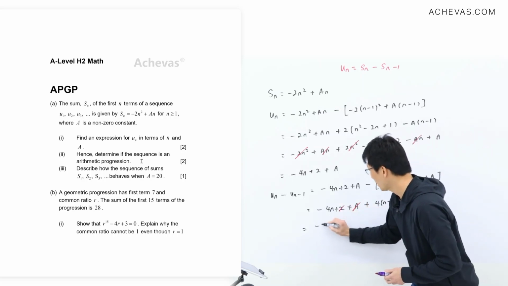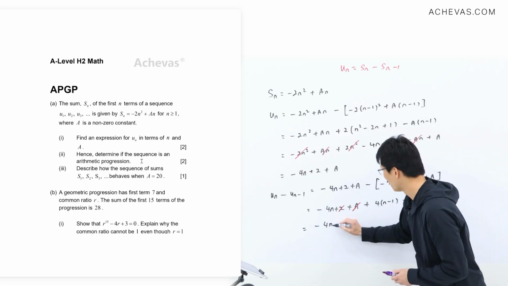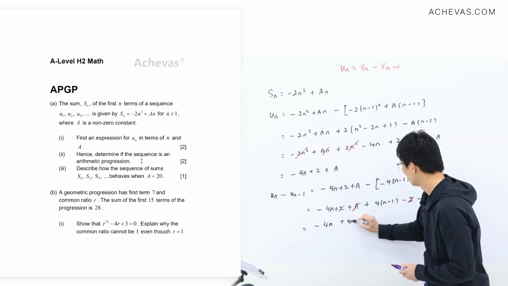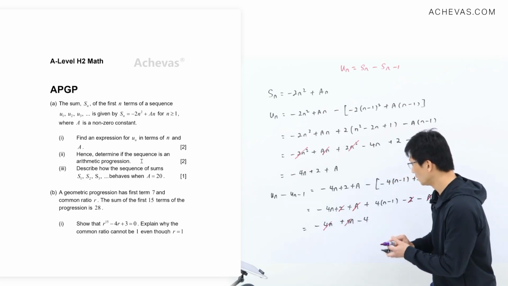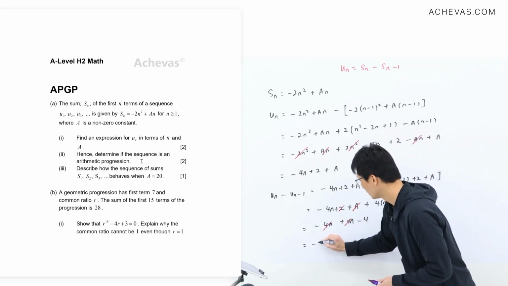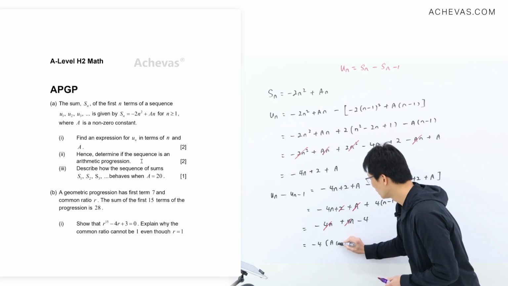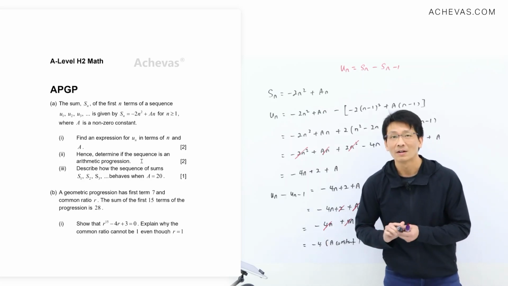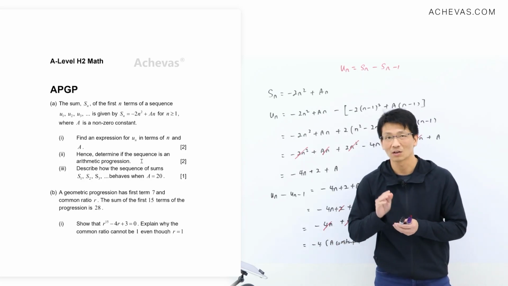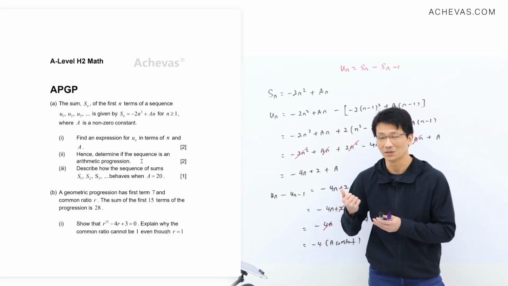The 2 can also be cancelled away. When I expand this, I get minus 4n plus 4n minus 4. These two will be cancelled away, so I'm left with minus 4. That's very good because it is just a constant, minus 4. In fact, this minus 4 is the common difference of this series.